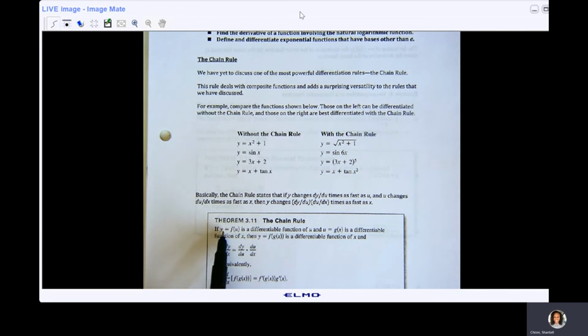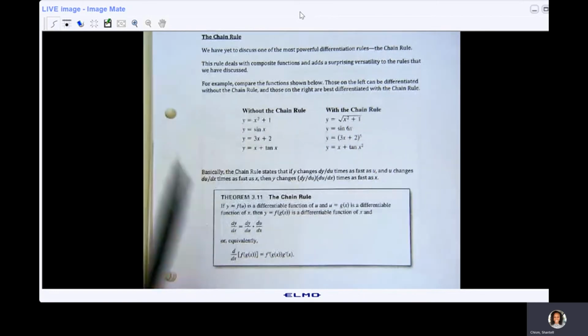Let's take a look. So let's suppose y is a function of u. Okay, so y is some function with some function u inside it. And it is differentiable with respect to u. And let's suppose u itself is a function of x, and it is differentiable with respect to x. Then y can be written as a composite function, f of g of x, and therefore it is a differentiable function of x.